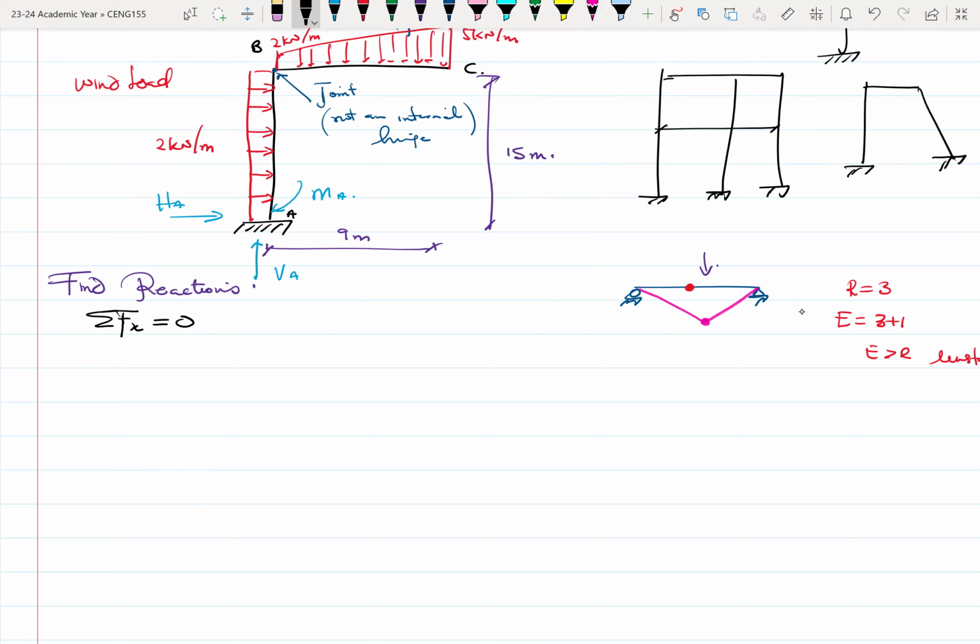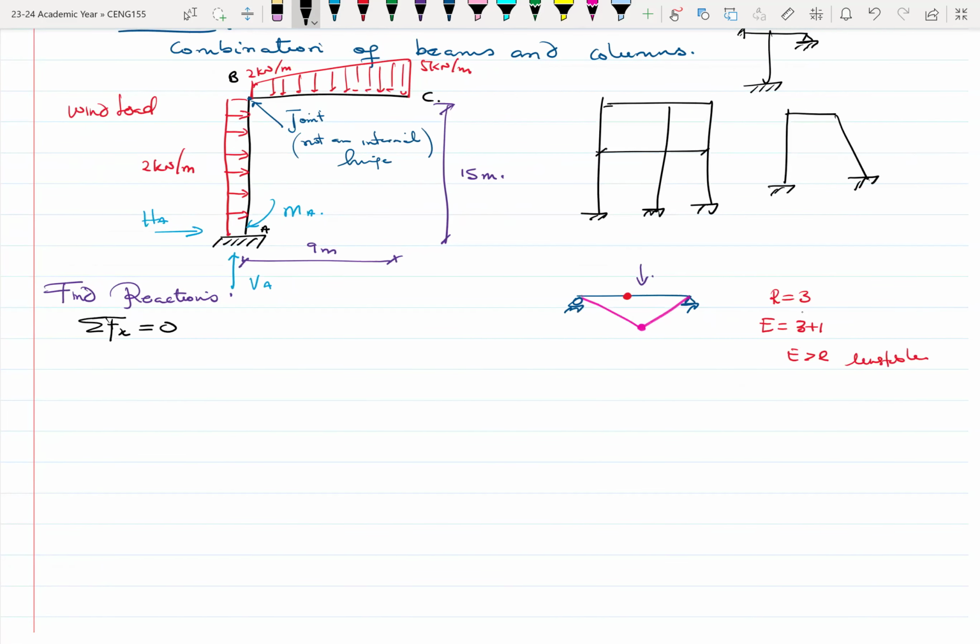So I had explained to you that if I want to show you an internal hinge, you'll see my drawing. Some want to know the difference between an internal hinge and a joint. Typically, if I have this here, this point is a joint.